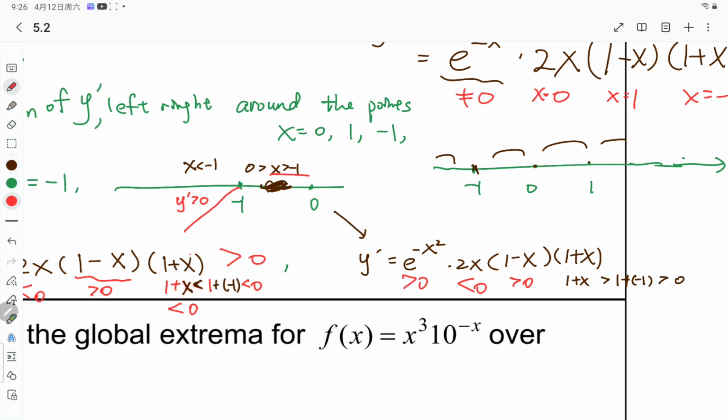So we have it here, this bracket is greater than 0. And then positive, negative, positive, positive.